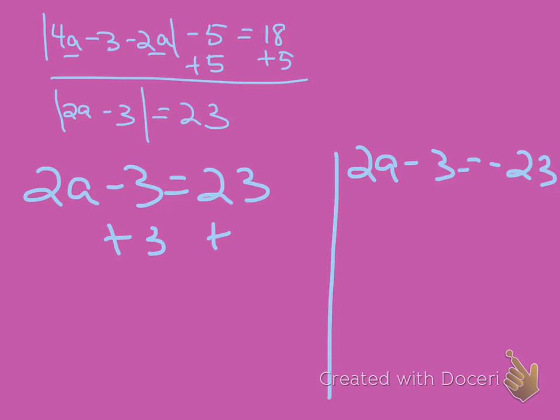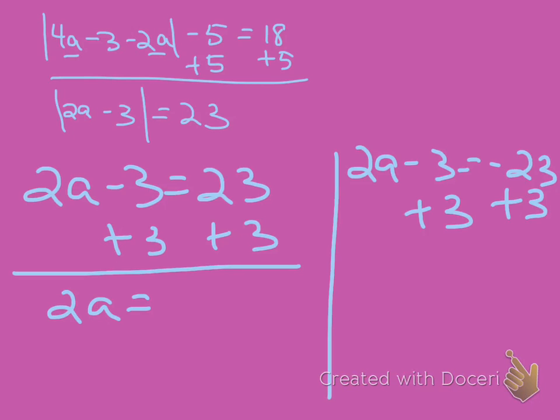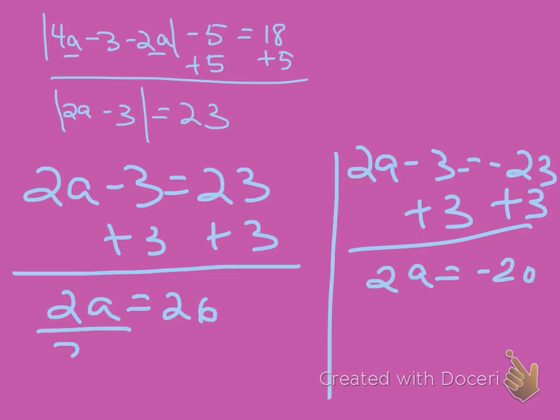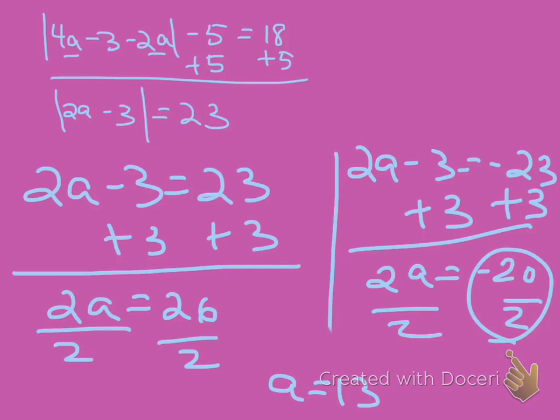Add 3, add 3, add 3, add 3. 2a is going to equal 26, and 2a is going to equal negative 20. So a will equal 13 from here and negative 10 from here.